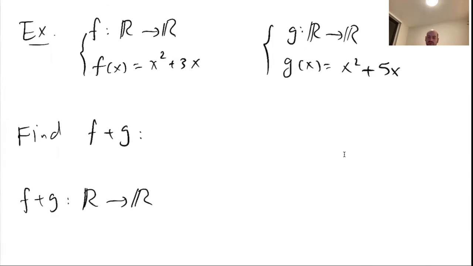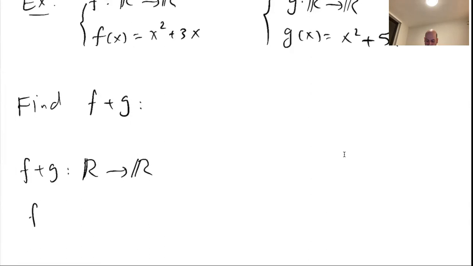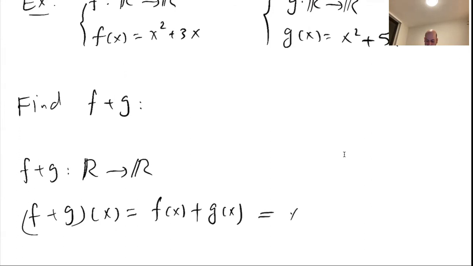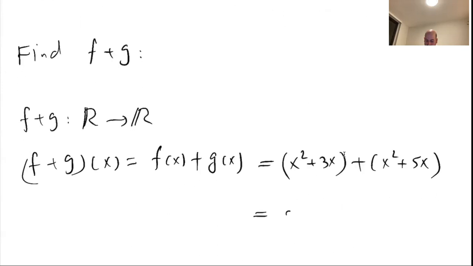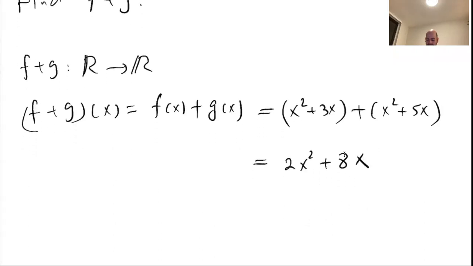Because the domains of f and g are both R, so the domain of f plus g will also be R. And f plus g of x will be the same as f of x plus g of x, and that's going to be x squared plus 3x plus x squared plus 5x, and that's going to be 2x squared plus 8x. Okay.